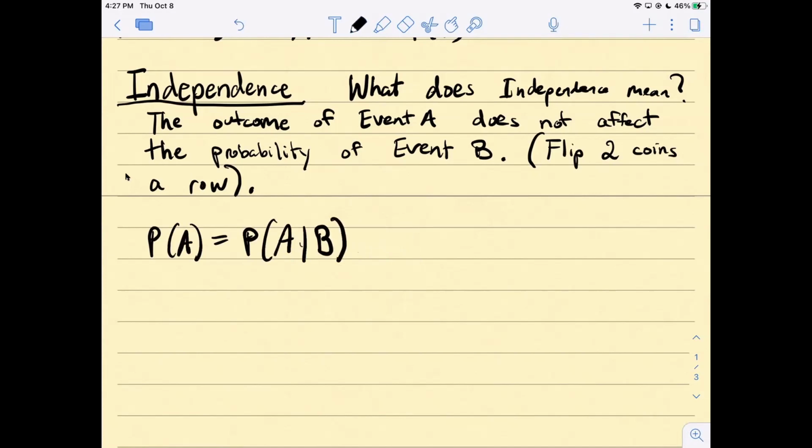So this is the same as the probability of A intersected with B divided by the probability of B. You can also think of this as: if you see the coin come out a certain way, it gives you absolutely no more information or knowledge about the next event.